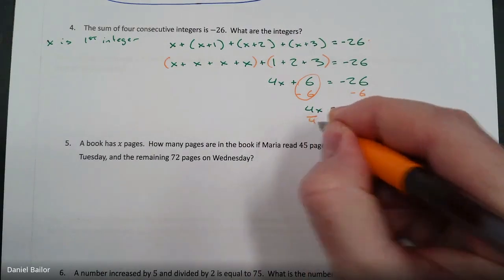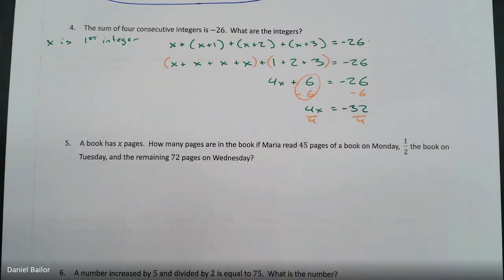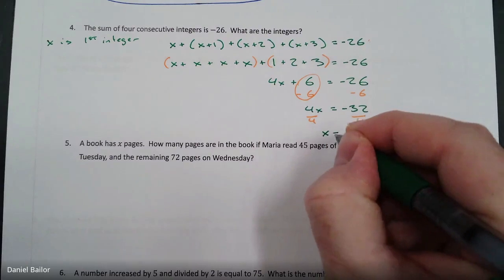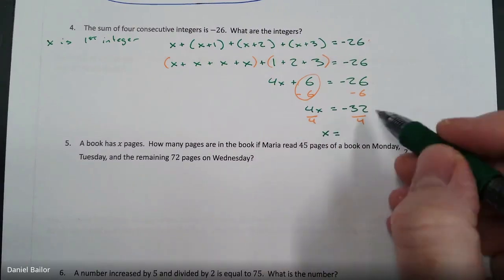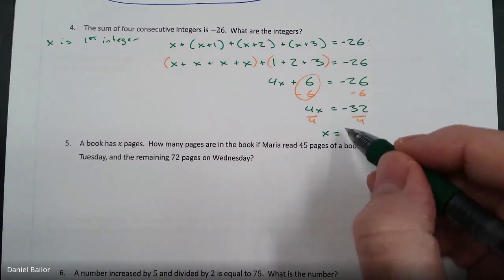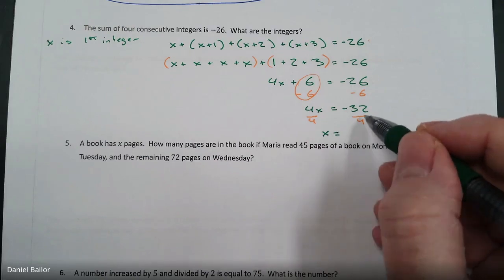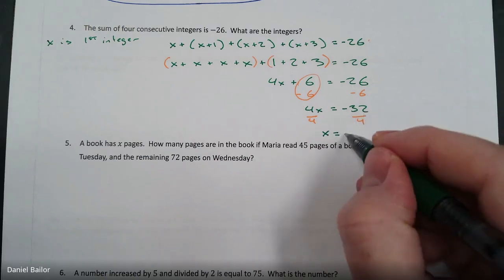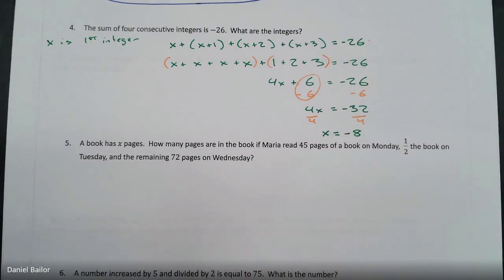Then I divide by 4 to change 4x into x by itself. And division property of equality tells me I divide by 4 on both sides. So x has to be -32 divided by 4. X is -8. That is the first integer.